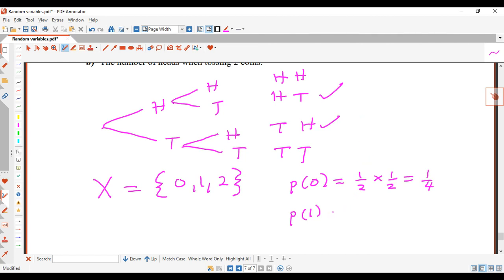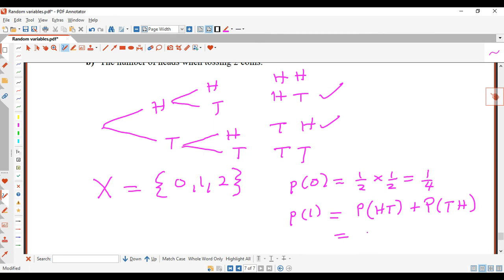So I'm getting the probability of heads, tails, or, which is plus, capital P probability of tails, heads. Just be aware that it's a little p at the beginning, and these are capital P's after the equal sign.